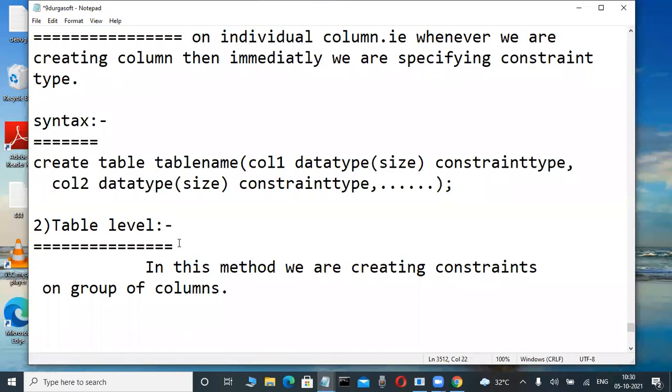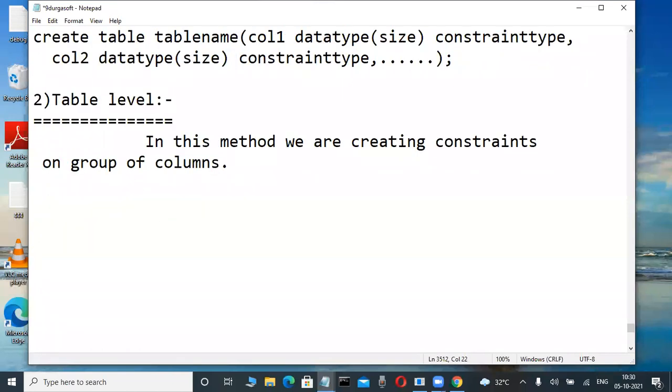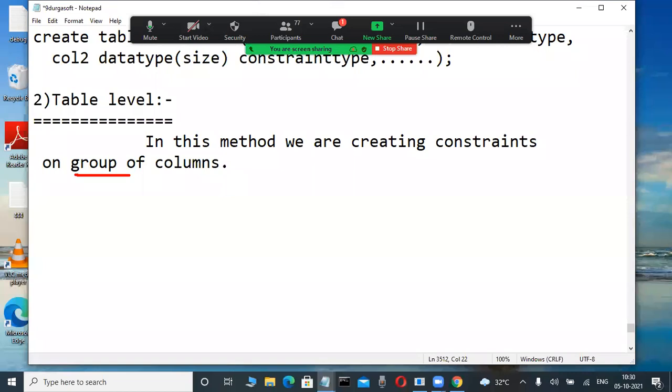In this method, we are creating constraints on group of columns. Underline group of columns.